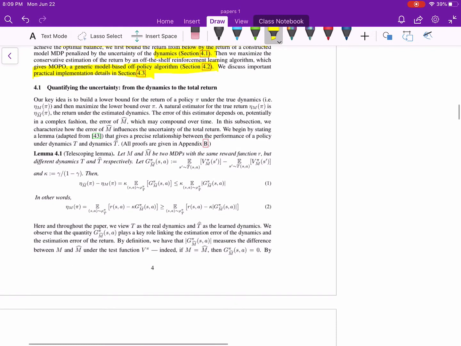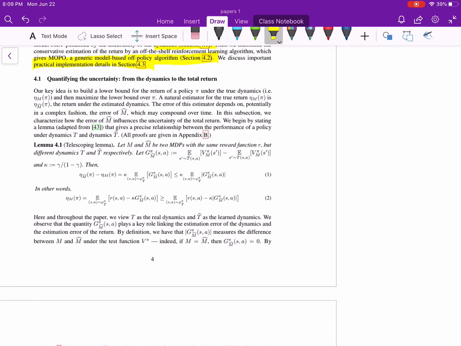Let's go forward. Quantifying the uncertainty from the dynamics to the total return. Glancing over Lemma 4.1, this is what I had written initially.